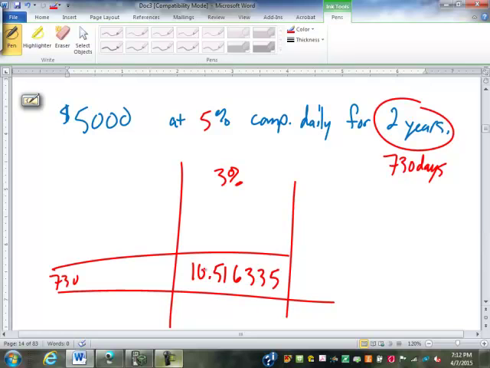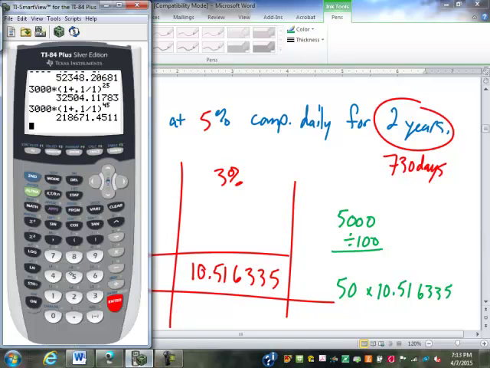10.516335 is our factor. What are we going to multiply by that? Not the 5,000. We take 5,000 divided by 100 first, because this is per $100. So it's $50, and it's 50 that we're going to multiply by this factor. So 50 times 10.516335 is 525.82.